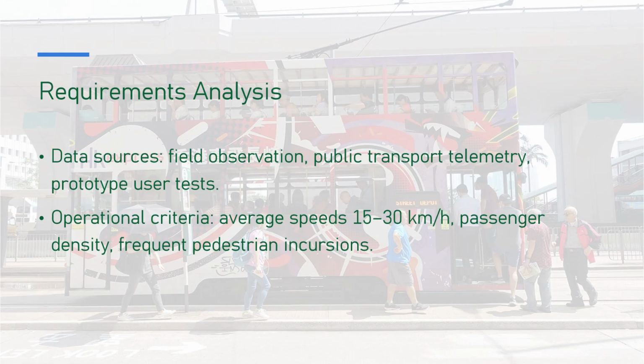I based the simulation on real-world data: average operating speed of 30 kilometers per hour, high passenger density, and frequent passenger interaction are very typical of Hong Kong tram routes.